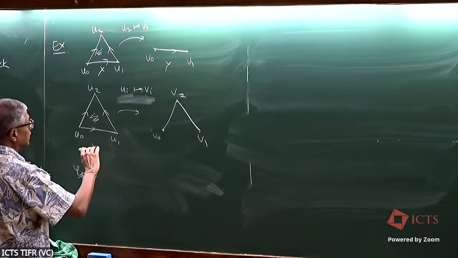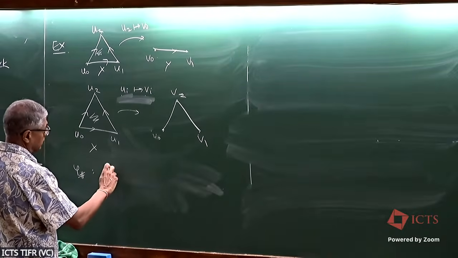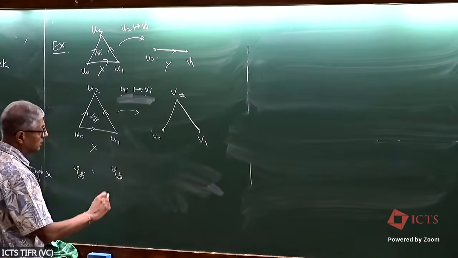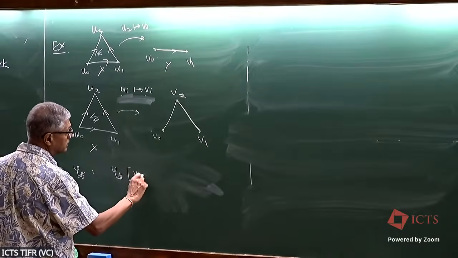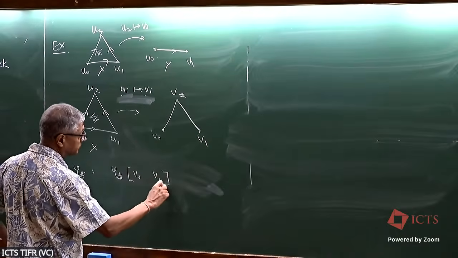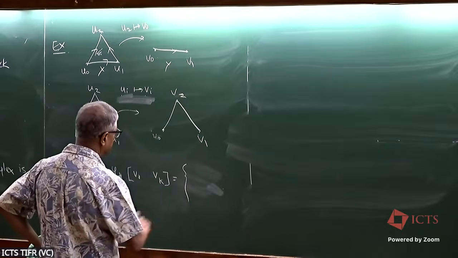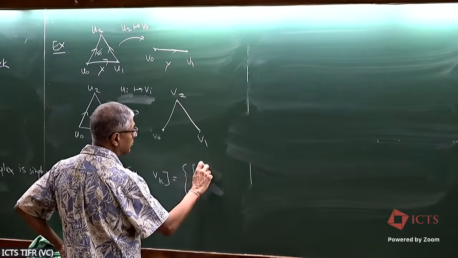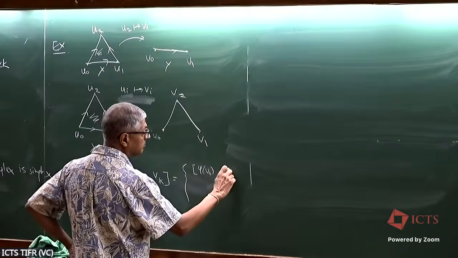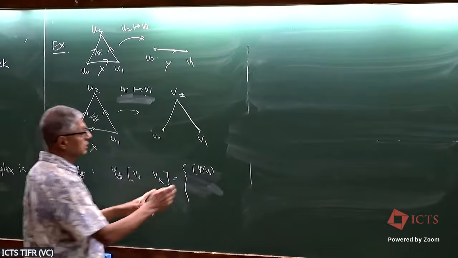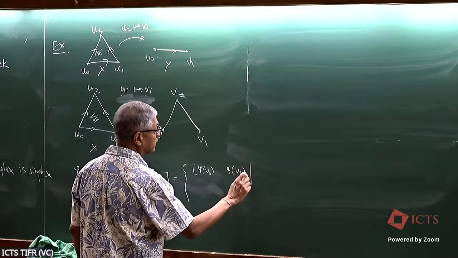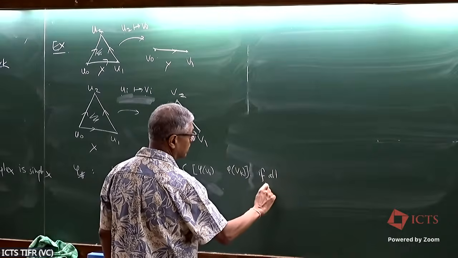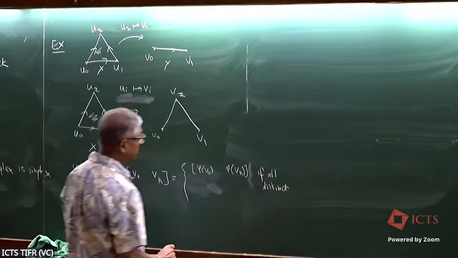We first define it on a simplex: phi sharp of V0 through Vk is the simplex of phi of V0 through phi of Vk, the vertex map, seeing where all the vertices go, if all are distinct, and it's 0 otherwise.